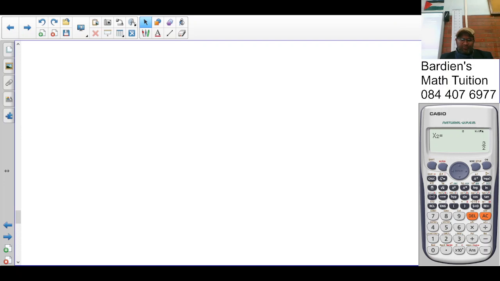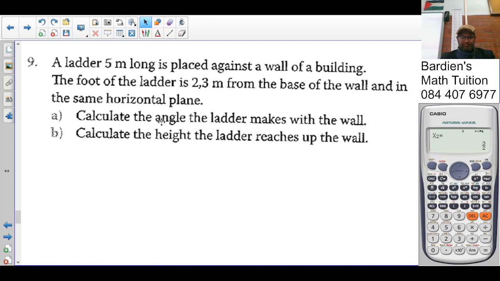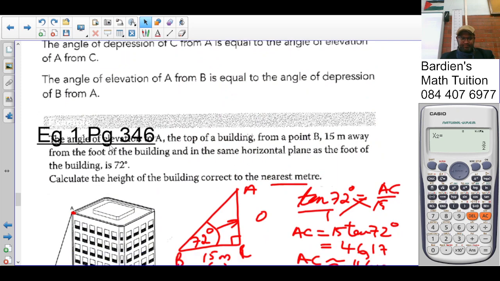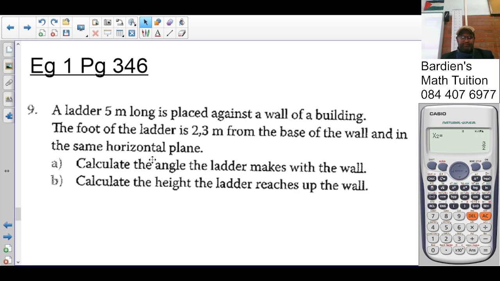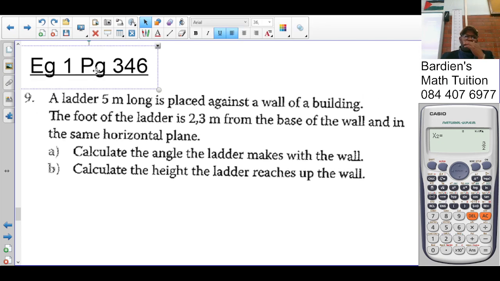What did you have to do for homework in 9 to 13? Any problems with number 9? Yes. Which exercise is this? 15.2.